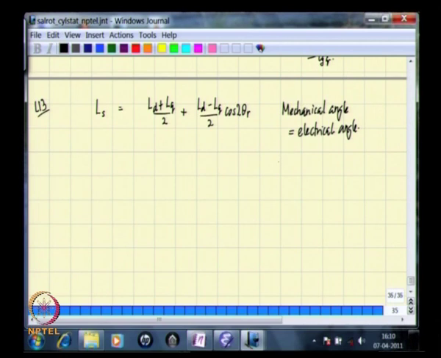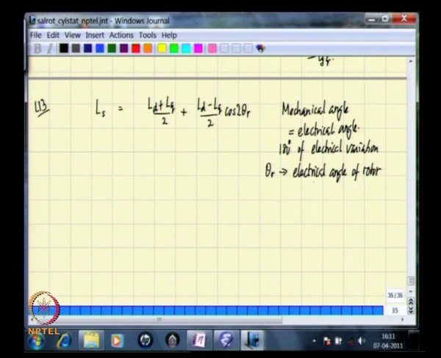And therefore, if the number of machine poles is going to increase, then we still need to consider only 180 degrees of electrical variation, which means that the theta r considered has to be basically the electrical angle of the rotor.